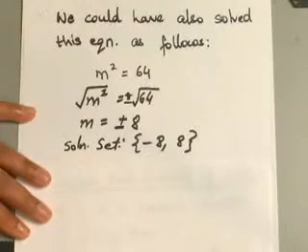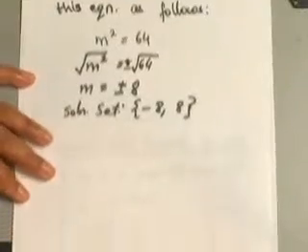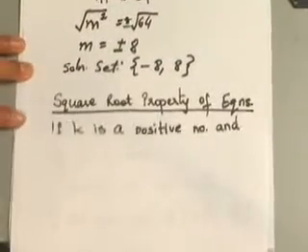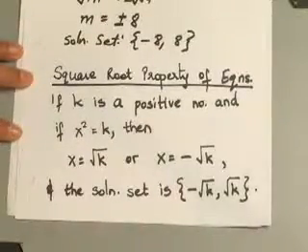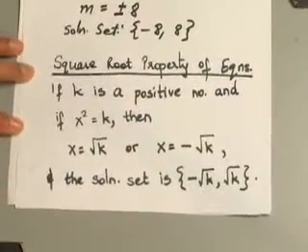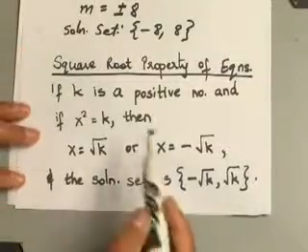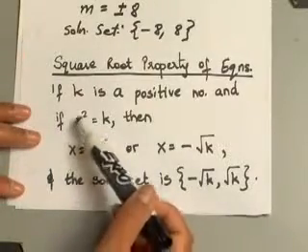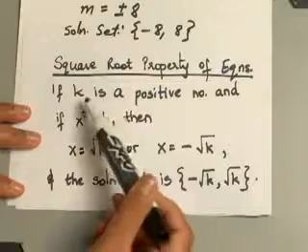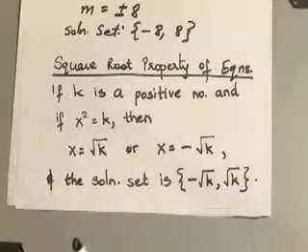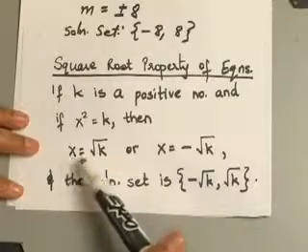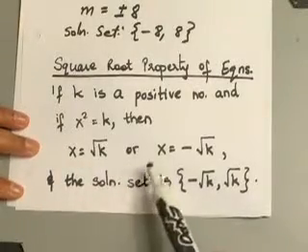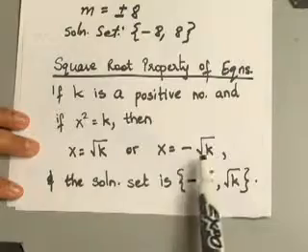So that is another method you can use to solve quadratic equations of this form, and that is what we like to call the square root property of equations. Let's see what that property is. It says if you have an expression of this form, x squared equals k, and k is a positive number, then the solutions are x equals square root of k or x equals negative square root of k.